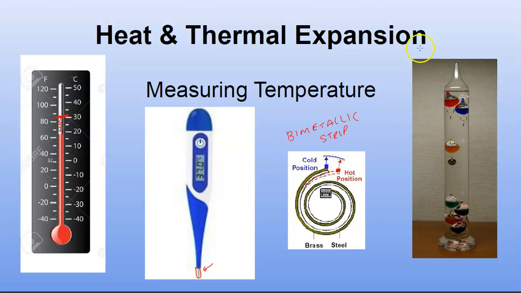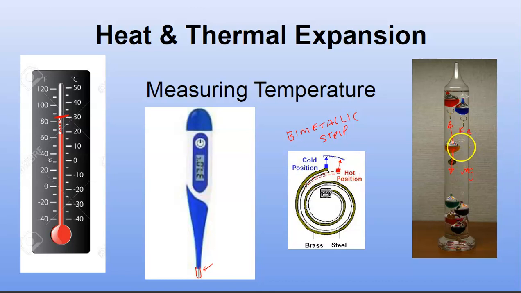Right here, this is called a Newton's thermometer or something like that. Basically, you've got these little glass balls that float in water, and as the temperature changes in the water, these glass balls get more or less buoyant. And you remember doing buoyancy problems in Physics 1. You've got the weight pulling down, you've got the buoyant force up, and you could work that up.